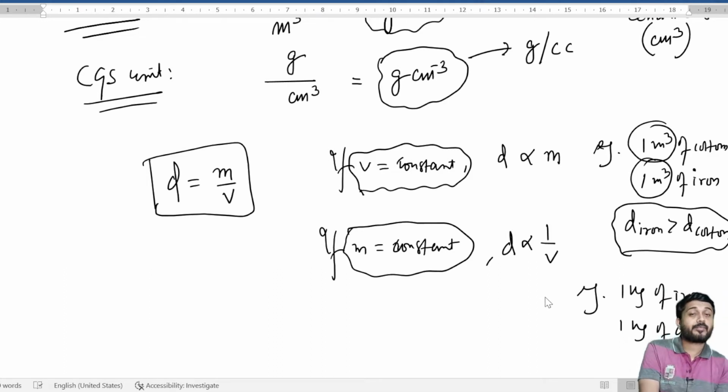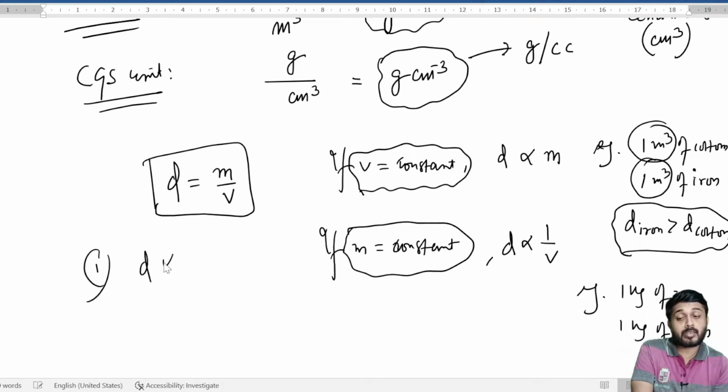The more the volume, the less the density, and vice versa. 1 kg of iron will have less volume than 1 kg of cotton because the density of iron is more than the density of cotton. So these are the two factors of density.